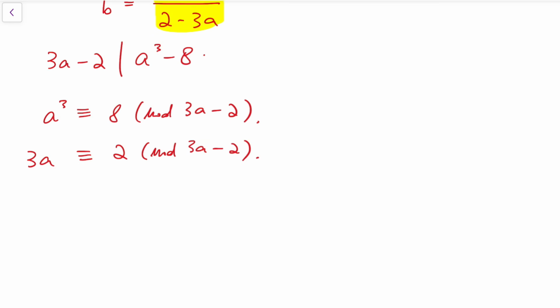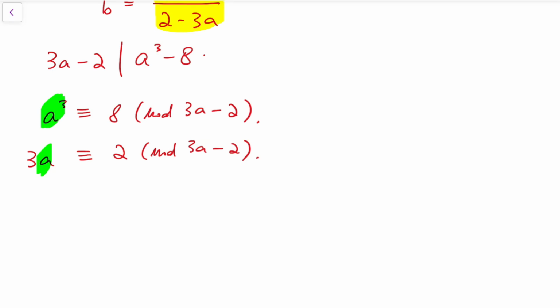Now, these two congruence equations have some similarities, which is that the left side only contains one term with a, while the right is a constant.